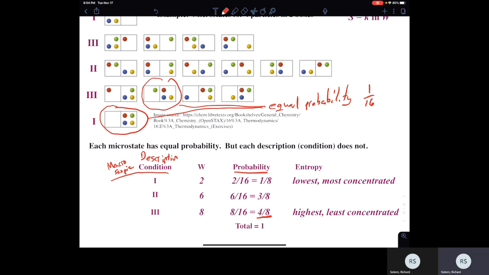Okay, so what we see, like if we do this with a sample of gas, you have a sample of gas, you're dividing the volume of the gas up into tiny microscopic 3-dimensional cells.